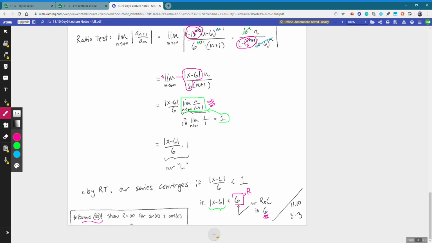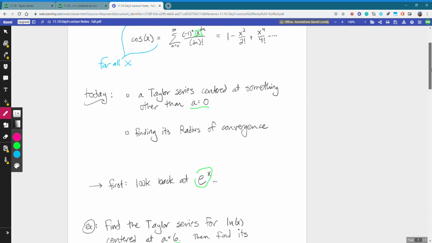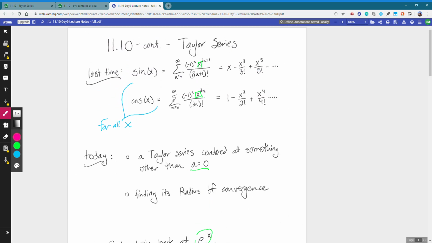As a bonus example, if you're eager for more, we already found our Taylor series for sine of x and cosine of x. We have those formulas here, but we didn't actually go through and find their radius of convergence explicitly. So that's actually something that you can do at this point.